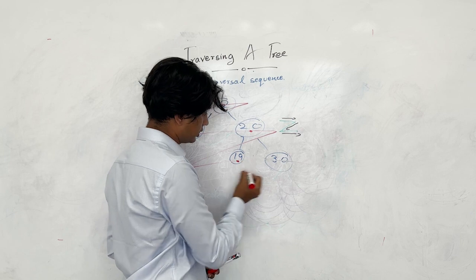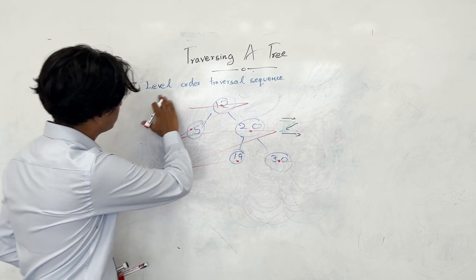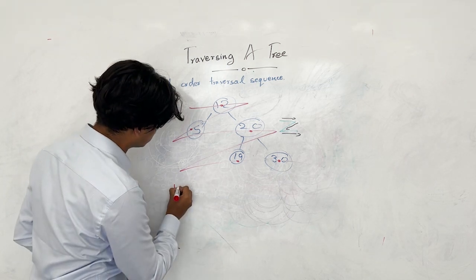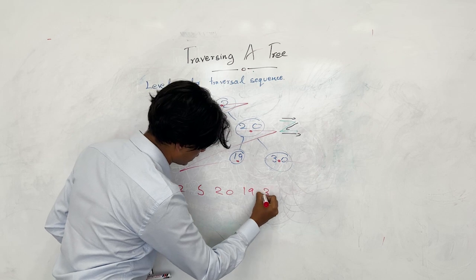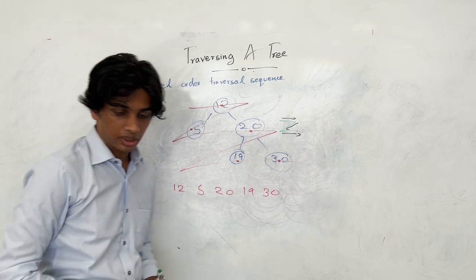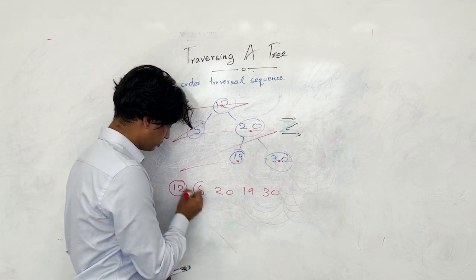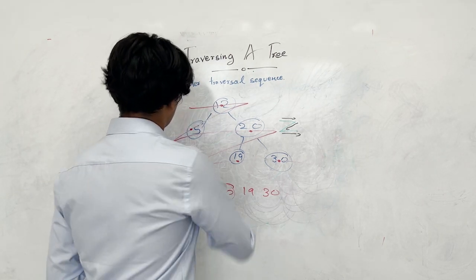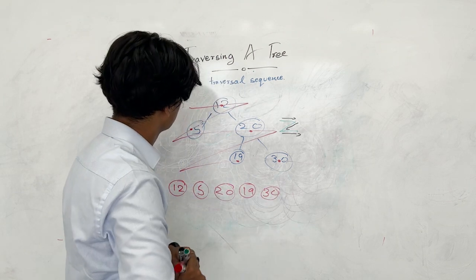Same thing goes here, 19 and 30. So the values of this level order traversal sequence would be 12, 5, 20, 19, and finally 30. These would be the numbers of the level order traversal sequence method.